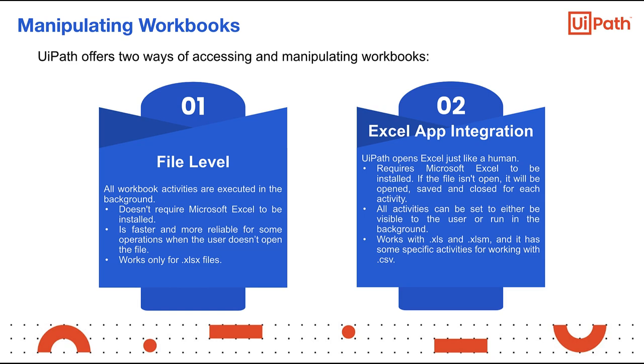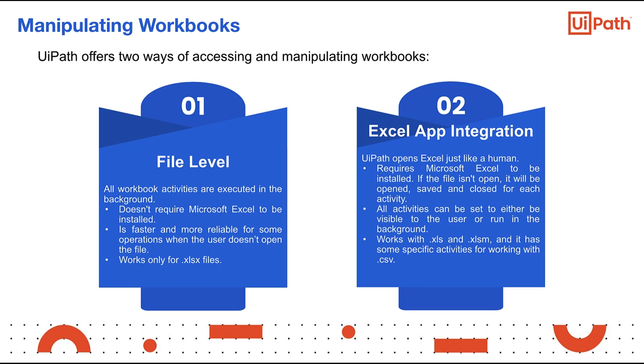Excel app integration. In this access method, UiPath opens Excel just like a human. It requires Microsoft Excel to be installed. If the file isn't open, it will be opened by UiPath, and it will be saved and closed for each activity. All activities can be set to either be visible to the user or run in the background.